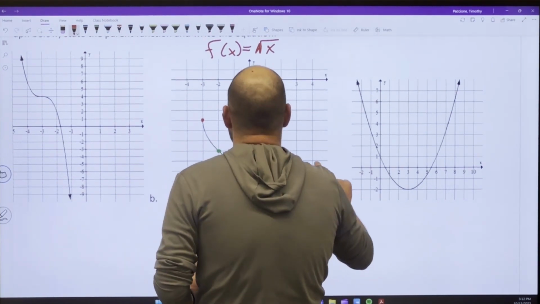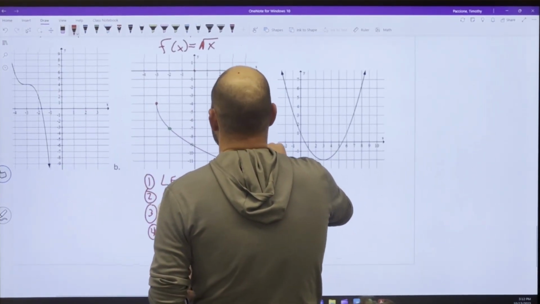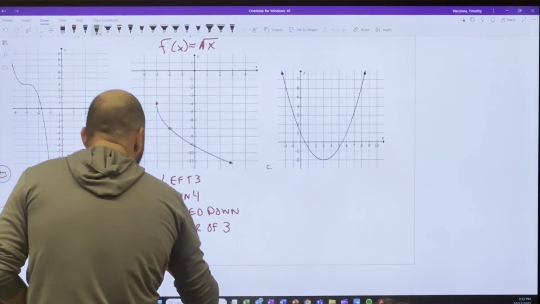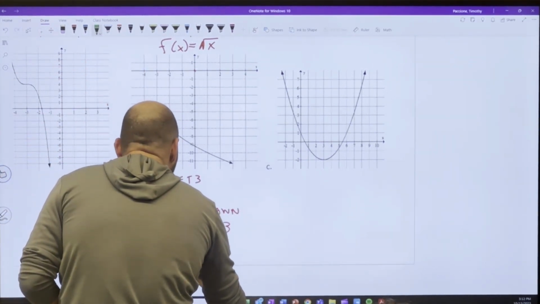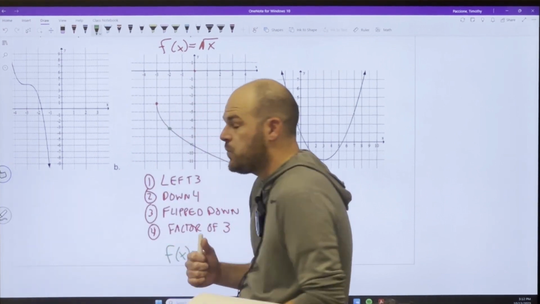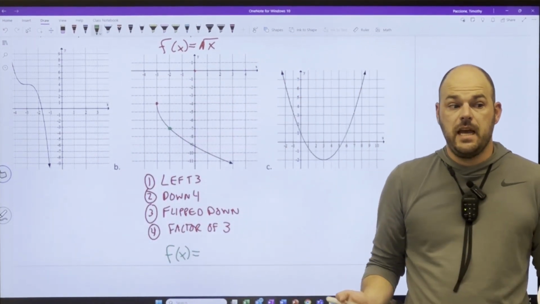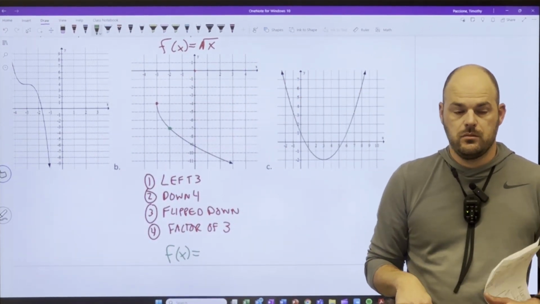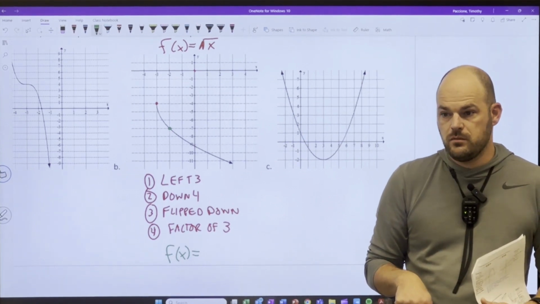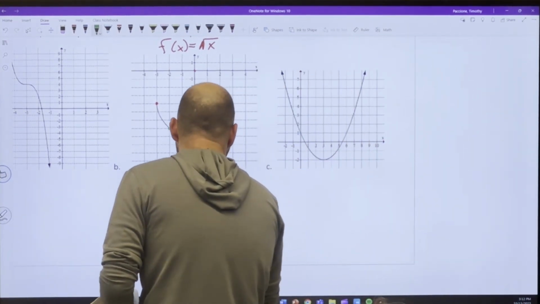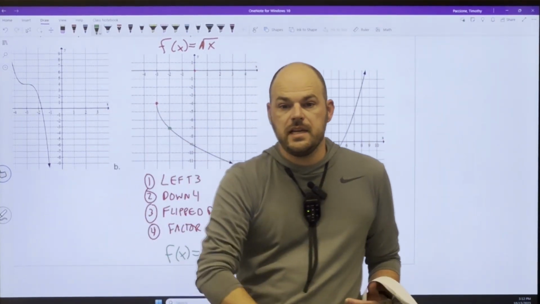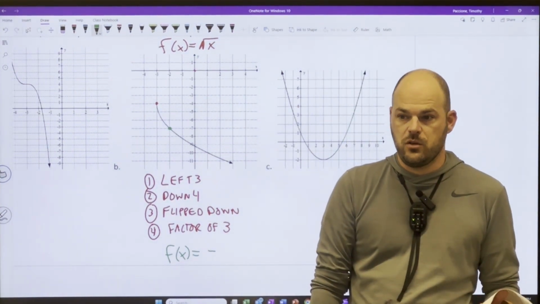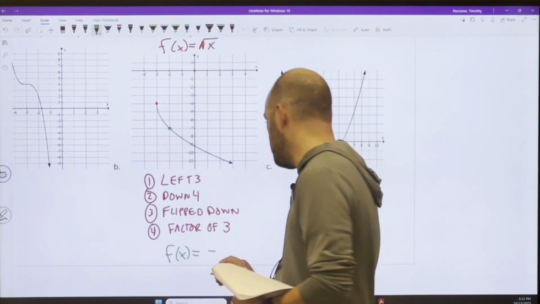Okay, now we gotta write this function. Okay, so f of x equals. All right, first thing we always write in a function is a negative if it flipped down. Did it flip down? Yes. So I'm going to put a negative. Next thing we always write is the factor if there's a factor. Is there a factor? Yes, 3.